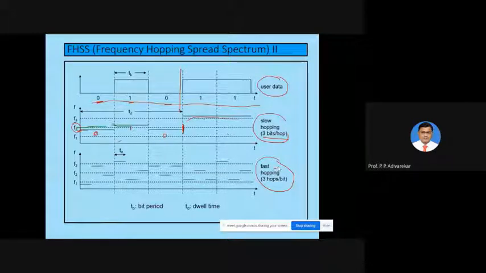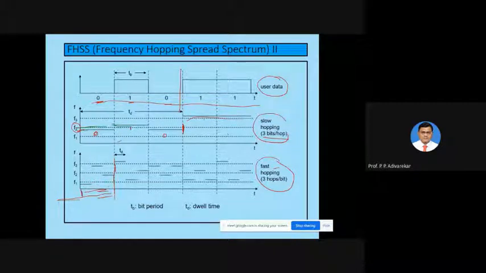Let's consider the bit 0 first. We'll consider only this part, the left portion, from this to this.